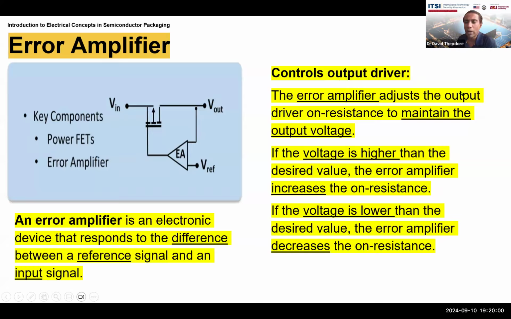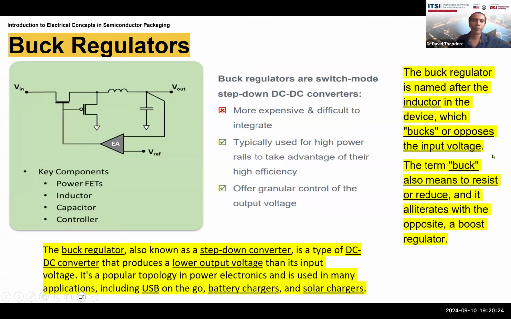The error amplifier adjusts the output driver on resistance to maintain the output voltage. If the voltage is higher than a desired value, which is programmed in here, the error amplifier increases the on resistance. If this voltage turns out to be lower than the reference, then it decreases the on resistance, which causes the voltage to adjust to match the reference voltage.